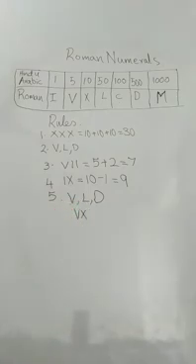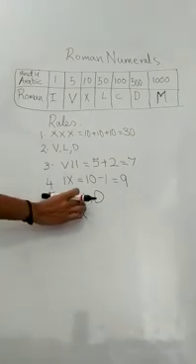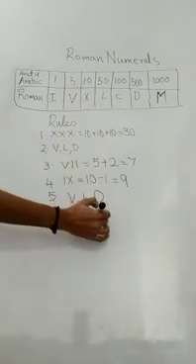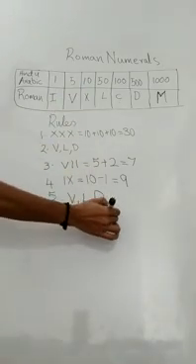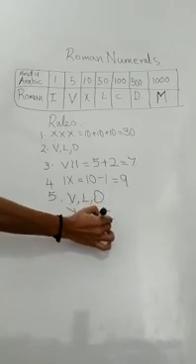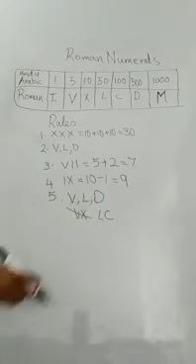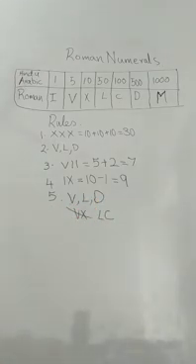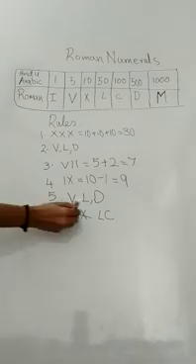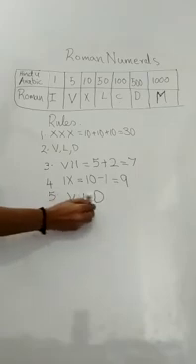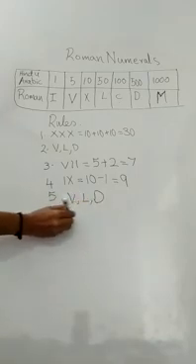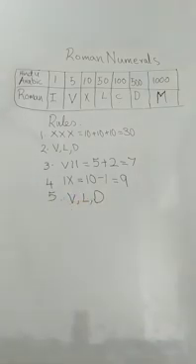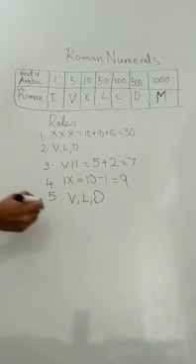This is not possible. Or this is 50 and 100 is greater than 50, but you cannot write like this. So 5, 50 and 500 cannot be written on the left side of a bigger Roman numeral.